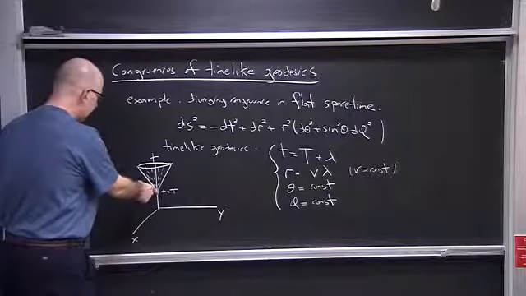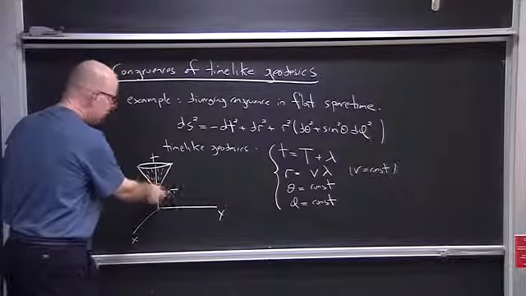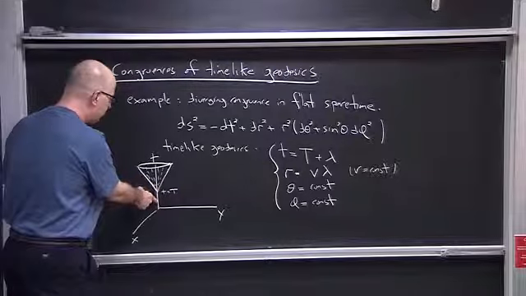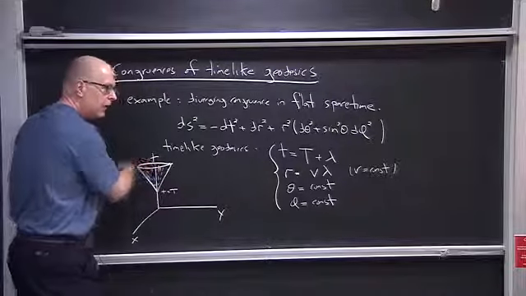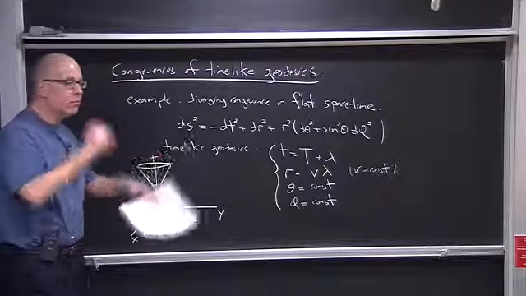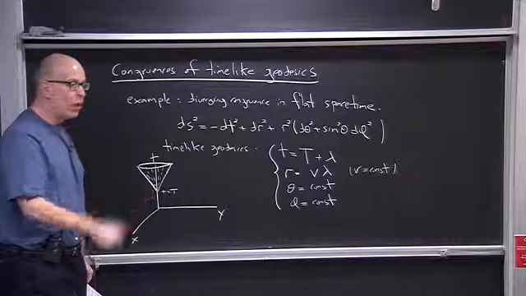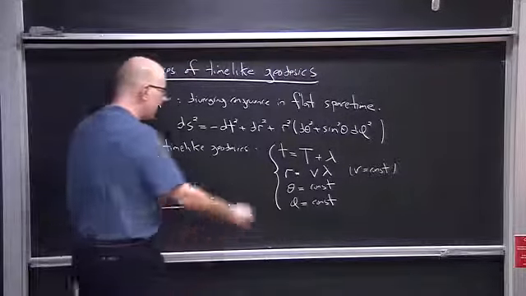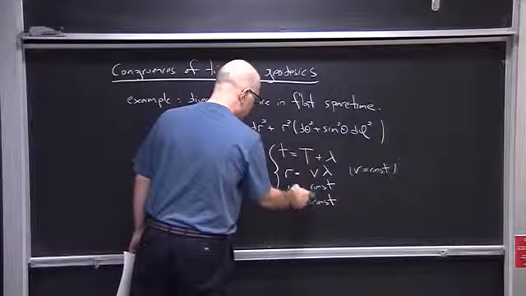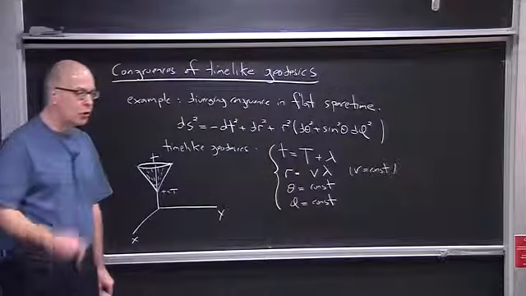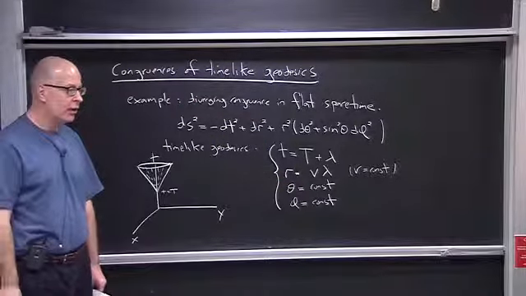And that's one cone, but I can launch a cone at any value of t. So I have the cone here, I have a cone below, I have a cone above. So I have a whole sequence of cones like this, and the whole thing forms a congruence. And I have 3 parameters to label each geodesic within my congruence.